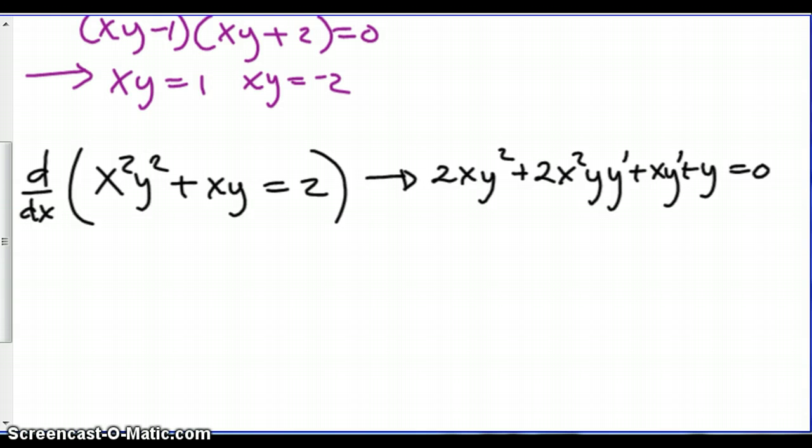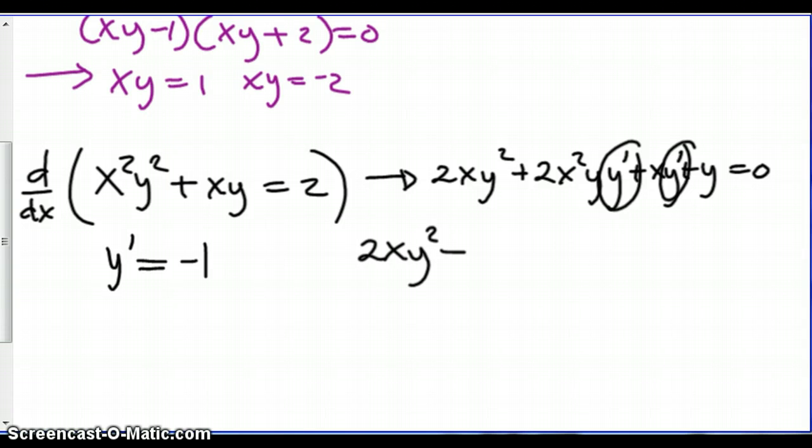We all got this far in class. We also decided that since the problem is asking us when the slope of the tangent lines is -1, that we could substitute in for all of our y primes. So doing that, I get 2xy squared minus 2x squared y minus x plus y.